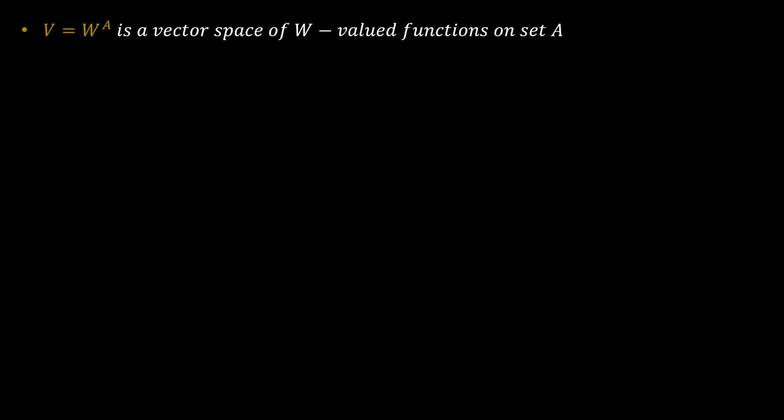We came up with a notation: a vector space V equal to W to the A is a vector space of W-valued functions on set A, right? So in other words, we have functions that transform set A into vector space W.